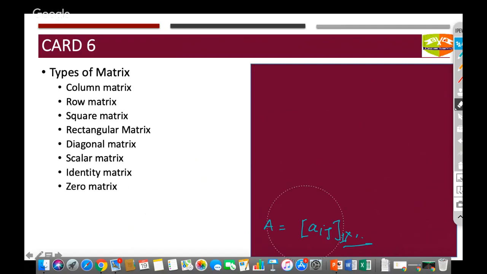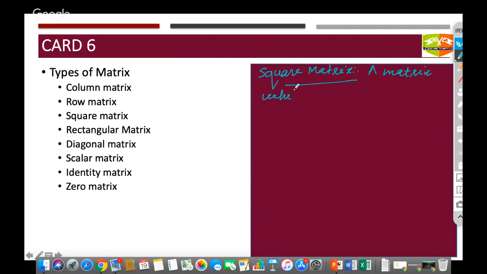Now let me go to square matrix. Just for the sake of definition, a matrix which has the same number of rows and columns would be a square matrix.